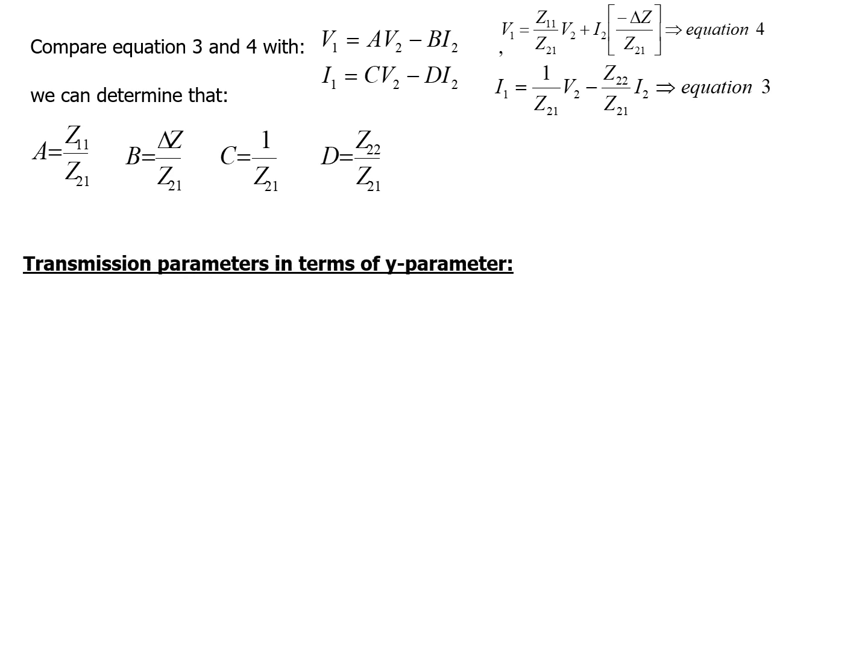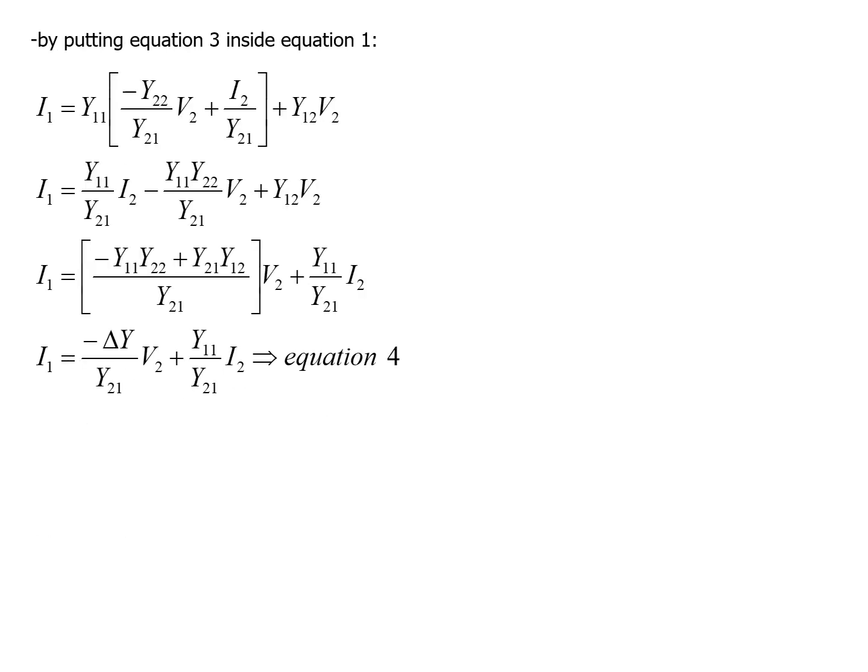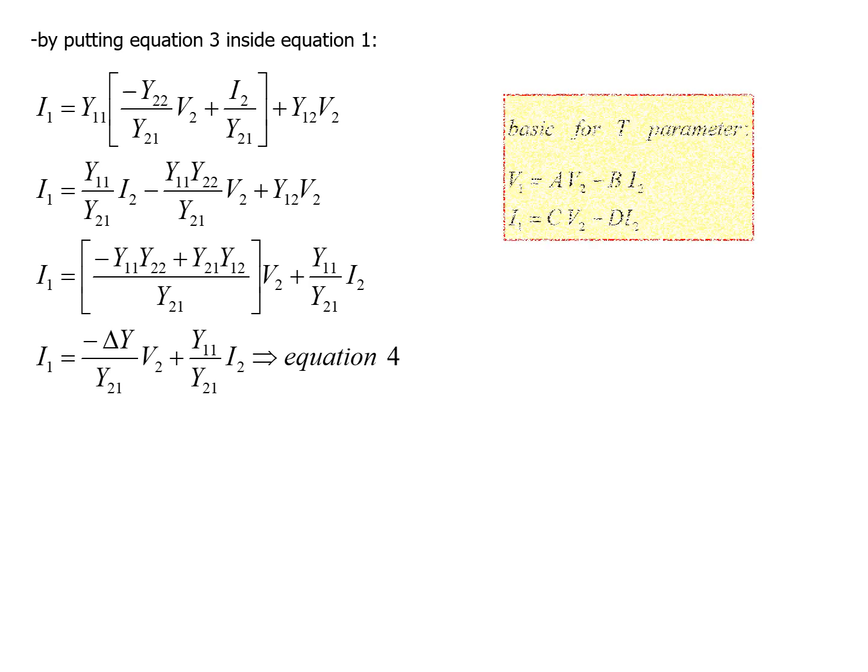If we try to express the transmission parameters in terms of the Y parameters, or the admittance parameters, we use I1 equals Y11 V1 plus Y12 V2 and the rest. If we modify the equations the same way, in the end we get I1 equals minus determinant of Y over Y21 V2 plus Y11 over Y21 I2.